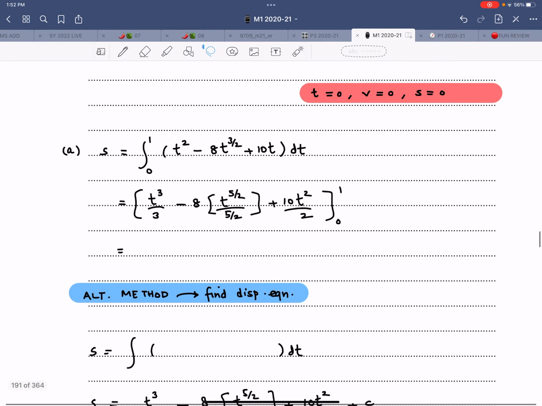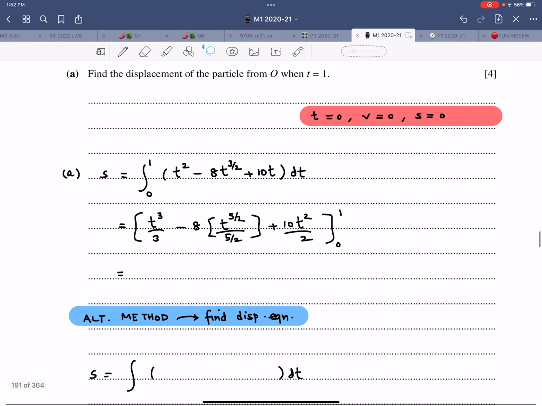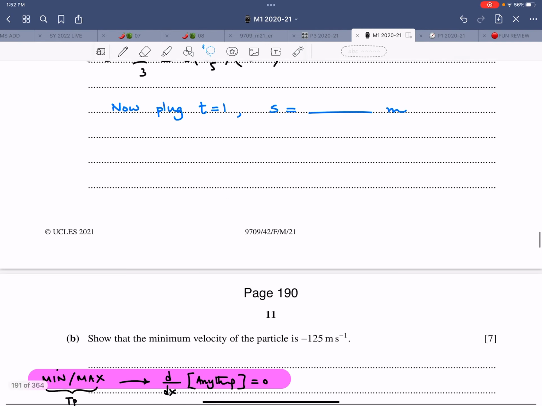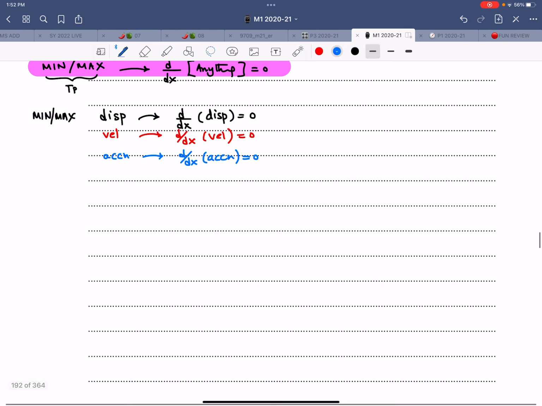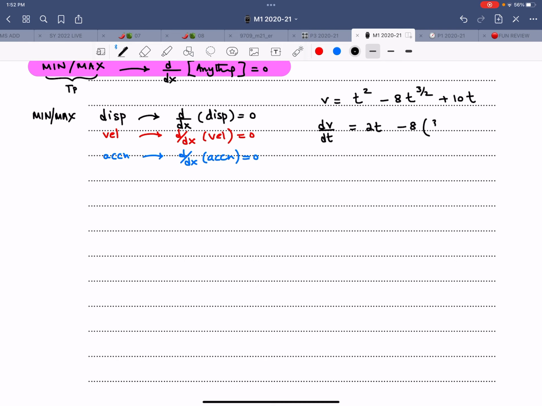The equation is v equals t square minus 8t^1.5 plus 10t. Differentiated, dv by dt is 2t minus 8, 3 over 2 comes down, t raised to power of half, and 10t becomes 10.